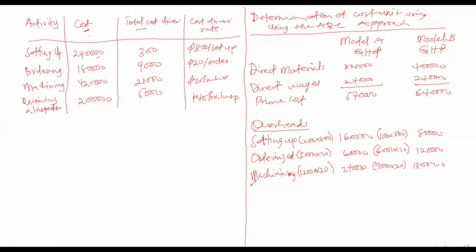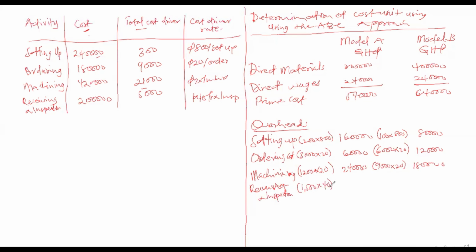Then we come to the receiving and inspection. The number of inspections for module A is 1,500. Hope you are getting it. 1,500 by the rate, which is 40.